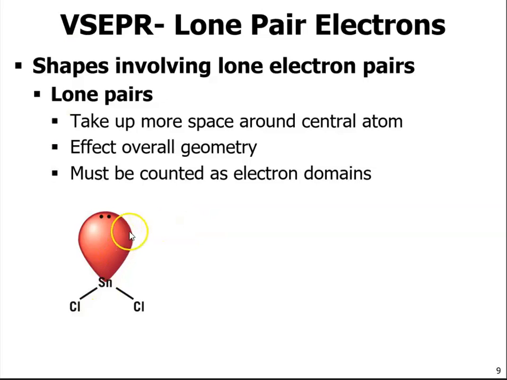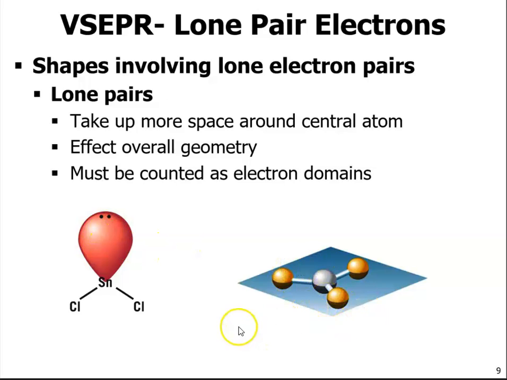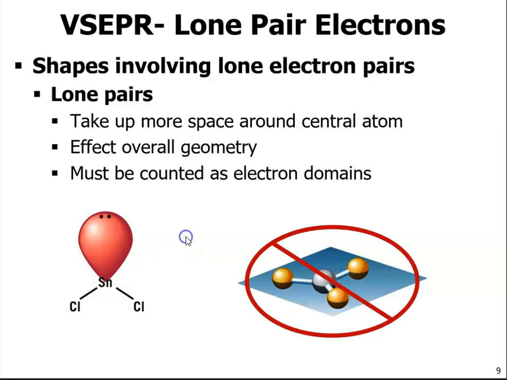So we wouldn't necessarily call this a trigonal planar shape, because we don't count those non-bonded electrons as part of our geometry for the molecule. It will have a role in the shape of the overall compound, but that's not how we count the domains. We'll talk about that in a little bit, but this causes the bend in the molecule.